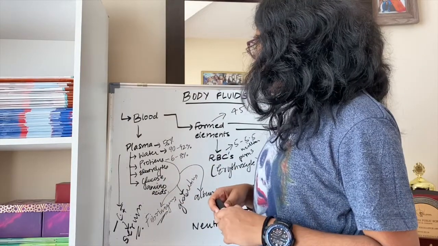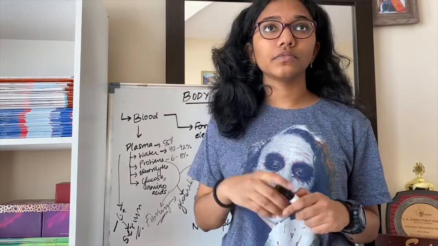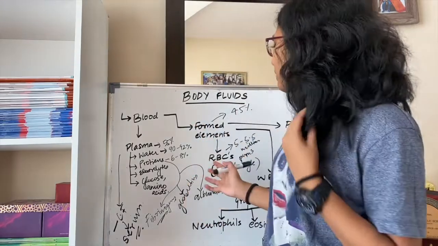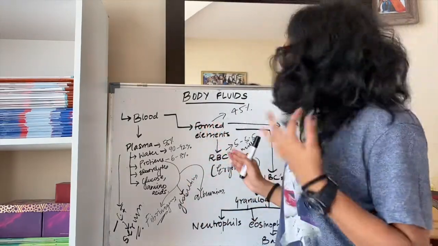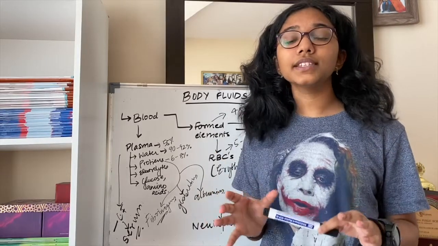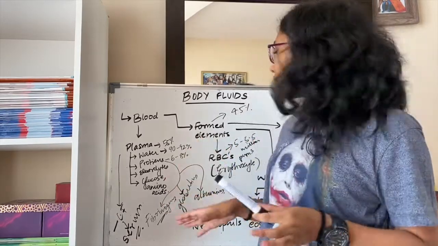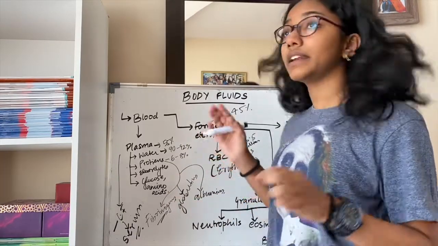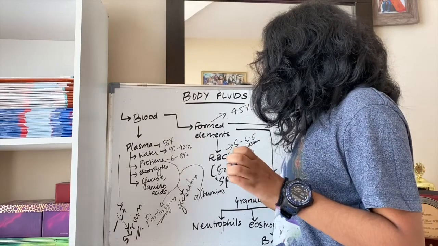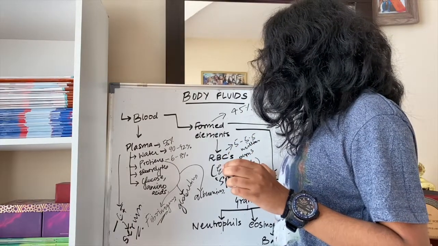These are formed in the bone marrow of some long bones, and they can be formed in many other places, but majorly they're formed from bone marrow. They have a lifespan of 120 days, and after 120 days they die off, and their graveyard, or where they die off, is known as the spleen. And the spleen is a structure which is located in your abdominal cavity.